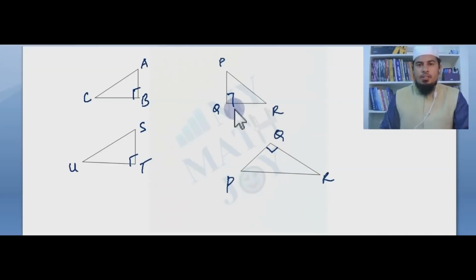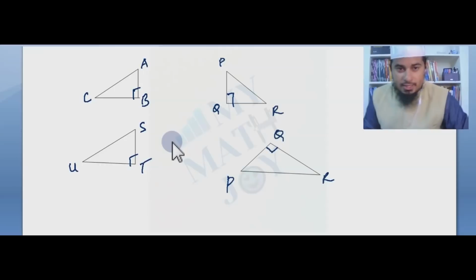Here I have drawn some right angle triangles. Sometimes I have kept the right angle in this fashion. Again, change here, the right angle is completely different. Here's the right angle. I want to apply Pythagoras theorem here.